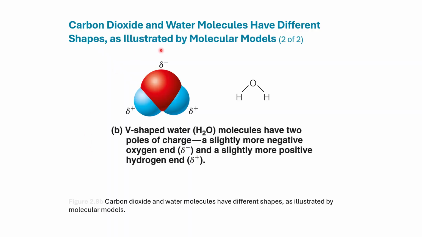So this diagram is a diagram of water, H2O. It's the V-shaped water molecule, has 2 poles of charge. The oxygen here in the middle has more of a slightly negative charge on this end. And on this side of the molecule, it has a slightly positive charge.